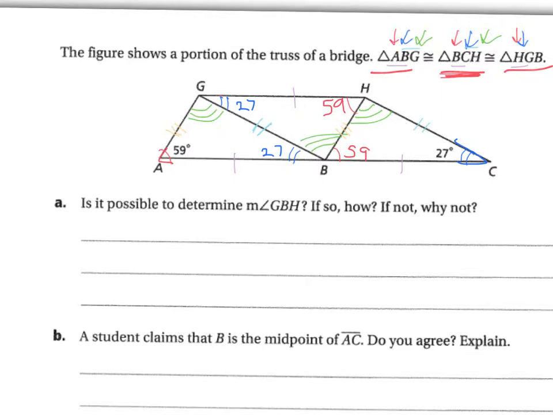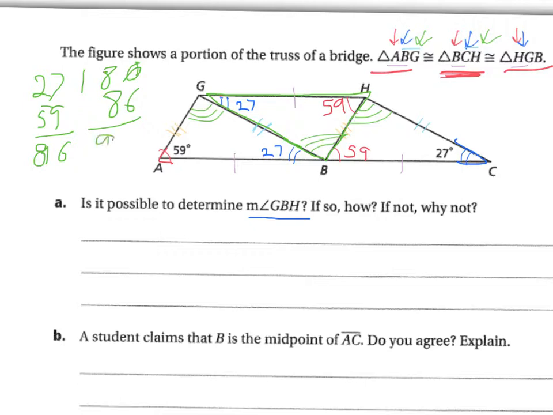So what is the measure of GBH? Well, we're looking at GBH, this angle right here. If I look at this triangle, I have two angles, which means I'm going to add 27 plus 59, which I get 86 from, and I'm going to subtract 86 from 180, because the sum is going to be 180.